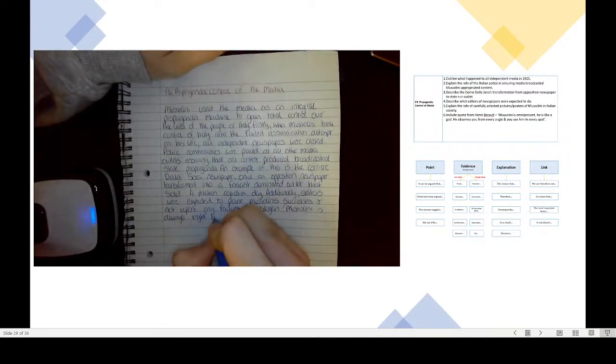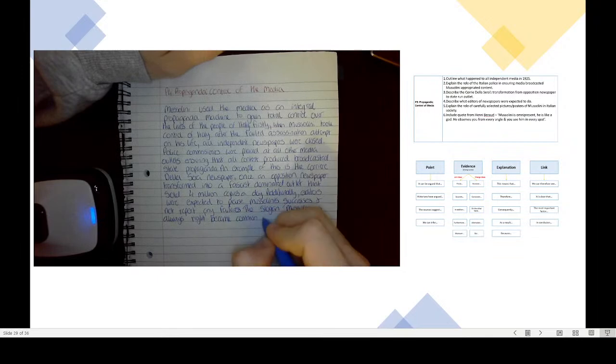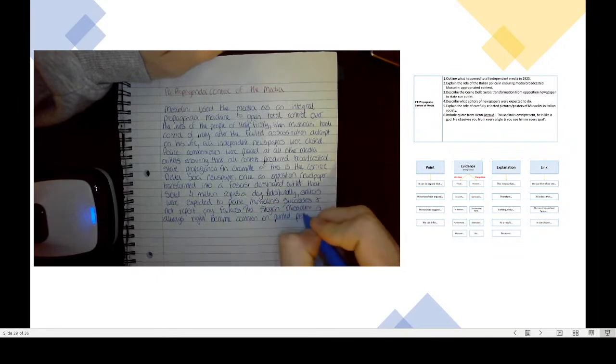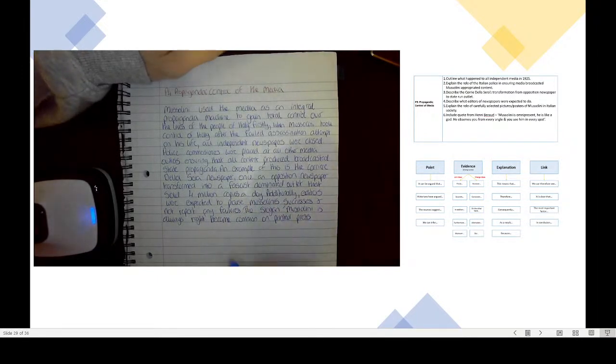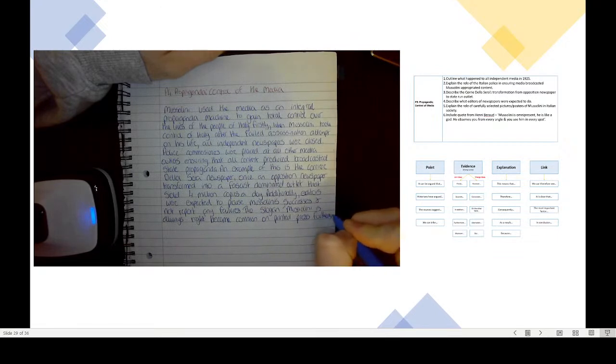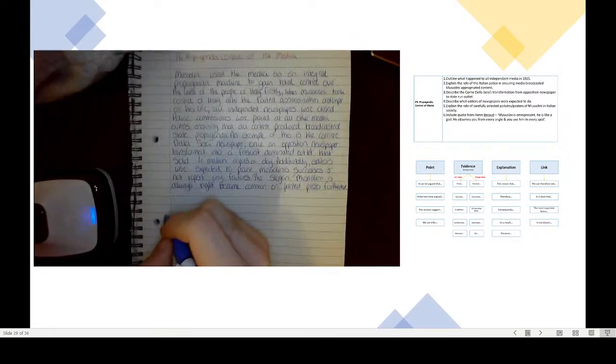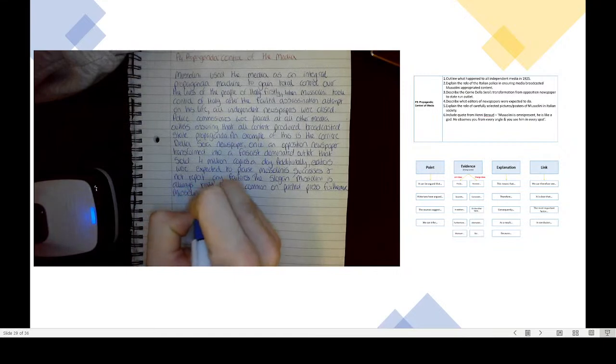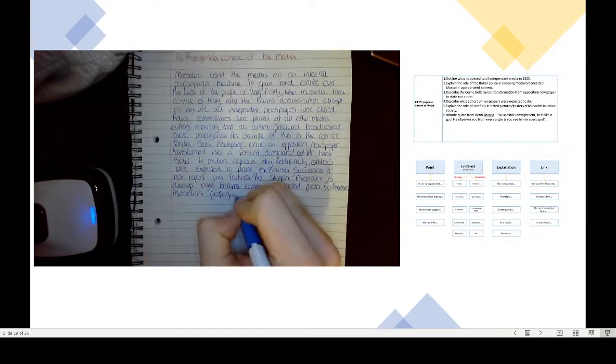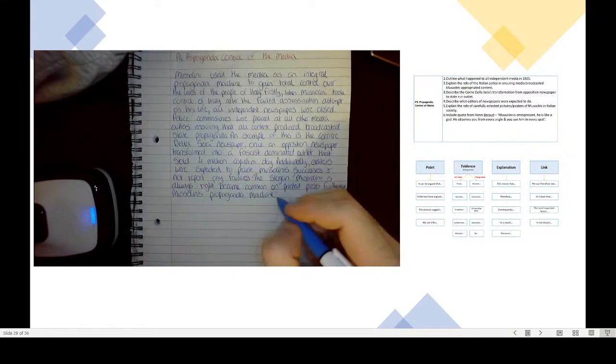So I'm just going through my thought process, what I'm doing when I'm writing paragraphs, how I'm structuring them, how I'm using my micro plans and my P.E.E.L paragraph approach to write those paragraphs.